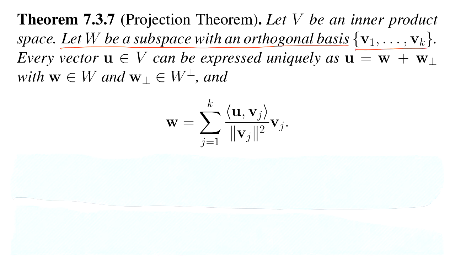Now, if Gram-Schmidt's true, then every subspace is going to have an orthogonal basis. But let's not put the cart before the horse. Let's just assume there's an orthogonal basis for W.